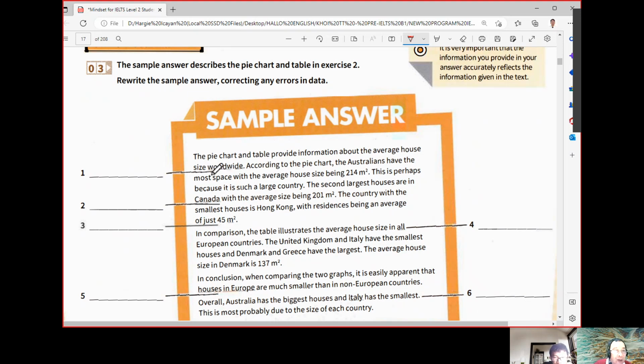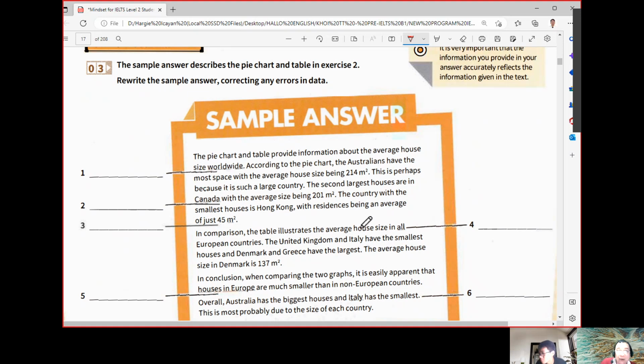So look at this one. The pie chart and table provide information about the average house size worldwide. According to the pie chart, the Australians have the most space, with the average house being 214 meters. This is perhaps because it is such a large country.